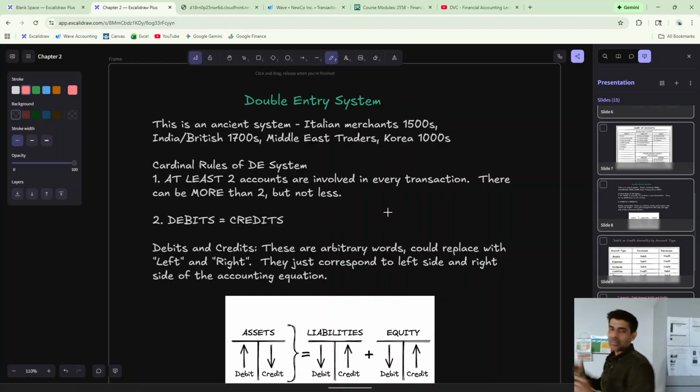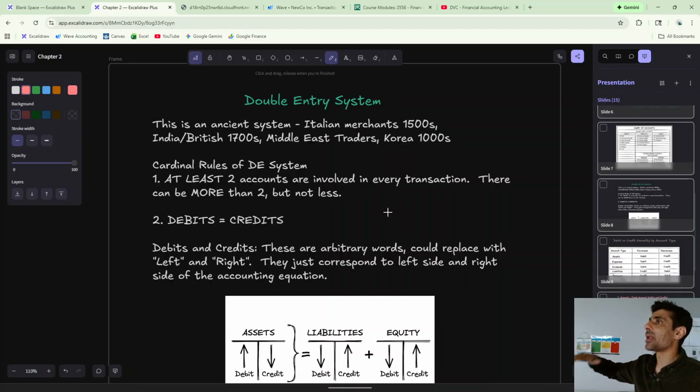Okay, so it was independently come up with in different flavors, but Italian merchants in the 1500s, when India and the British were trading a lot, they had devised some system in the 1700s. The Middle East, Korea, regions that had a lot of trade independently came up with a similar system of double entry bookkeeping because it makes tracking transactions and account balances so much easier.